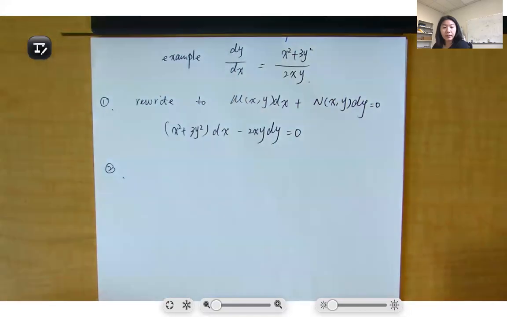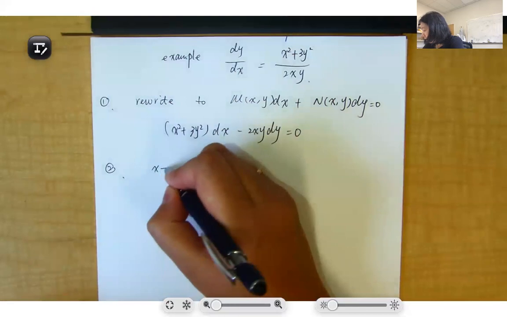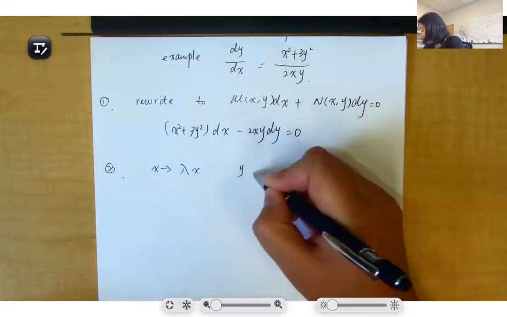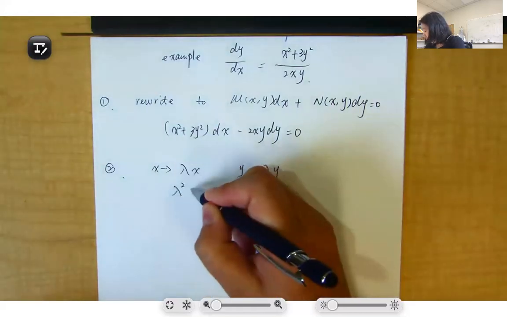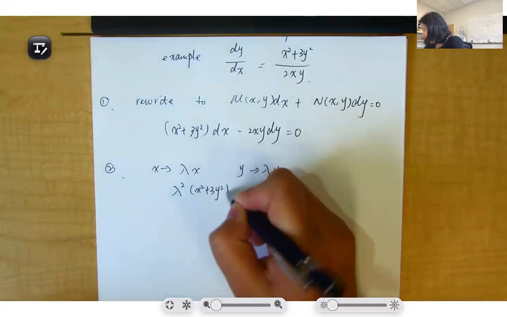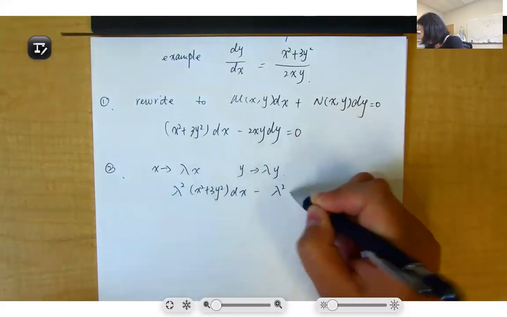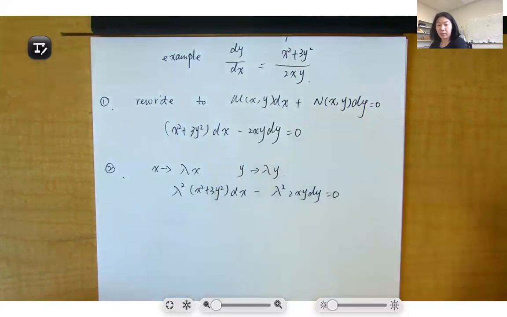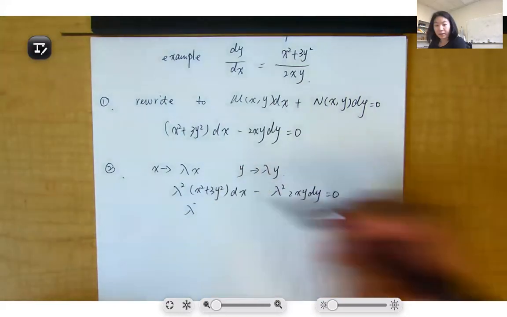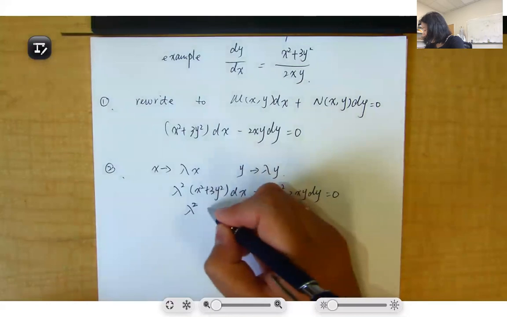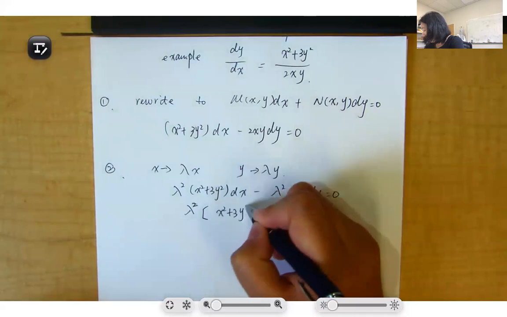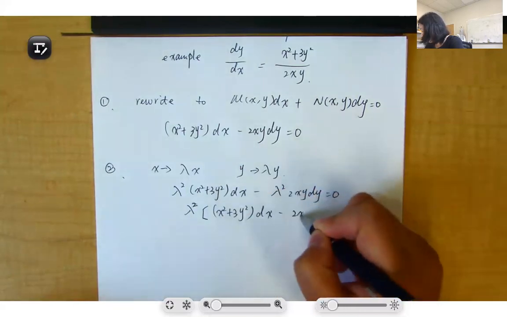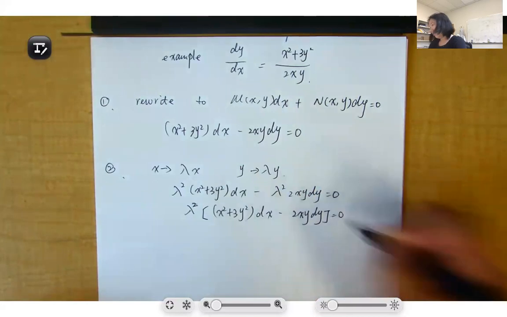Then let's check whether this equation is homogeneous or not by switching x to lambda x and y to lambda y. We can rewrite this equation as (lambda squared x squared plus 3 lambda squared y squared) dx minus lambda squared 2xy dy equals 0. And you can see that we can take the lambda squared outside, giving (x squared plus 3y squared) dx minus 2xy dy equals 0.